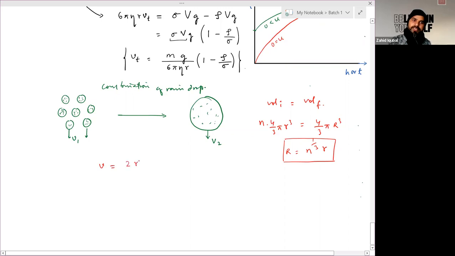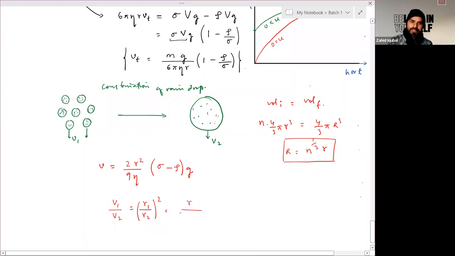Velocity equals 2 times r square divided by 9 times eta, bracket sigma minus rho, times gravity. In this part, 2, 9, eta, sigma, rho, gravity are all constant, only r is changing. So we can say velocity is directly proportional to r square. So v1 divided by v2 must equal r1 divided by r2 whole square. Now put the value of r1 to be the initial radius of the raindrop, so it is just r.